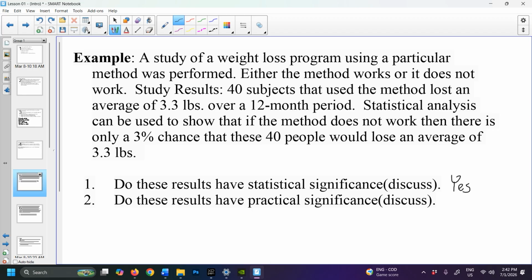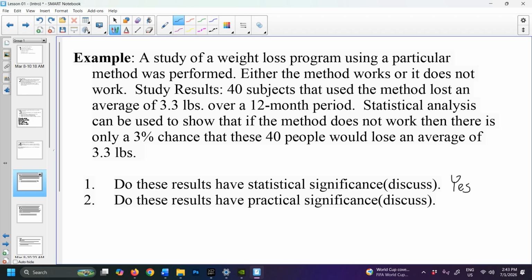Yes, it does have statistical significance. Only a 3% chance that it's something else. That means that, and again, nuance, there's some 97% chance that it was this system that caused the 3 pounds lost. That is pretty statistically significant. And you'll see that in general, anything close to that 5% will be statistically significant.